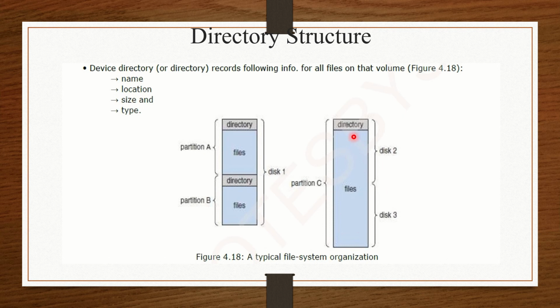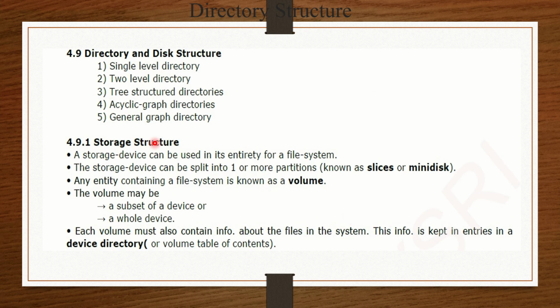That depends on the type of file system, so the directory structure will vary. Directory structures are divided into five types: single level directory, two level directory, tree structured directories, acyclic graph directories and general graph directory.